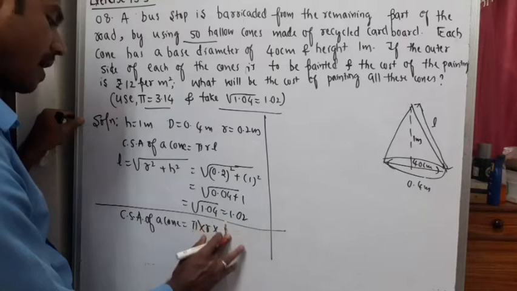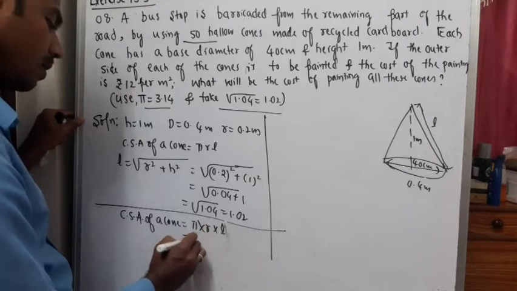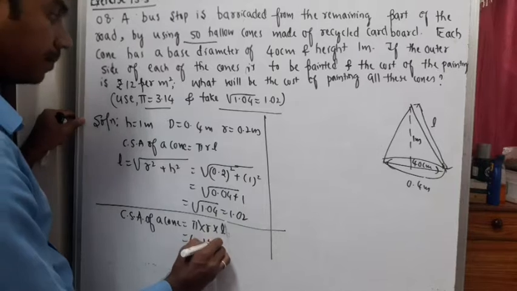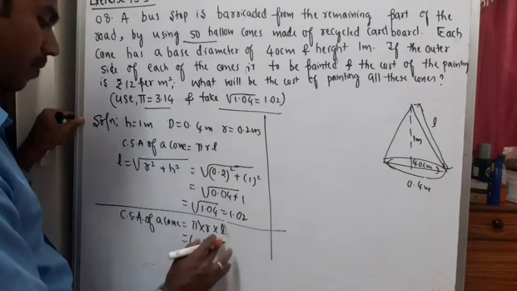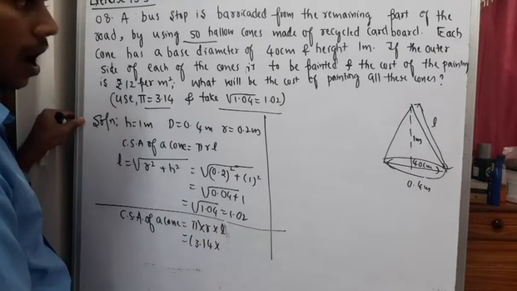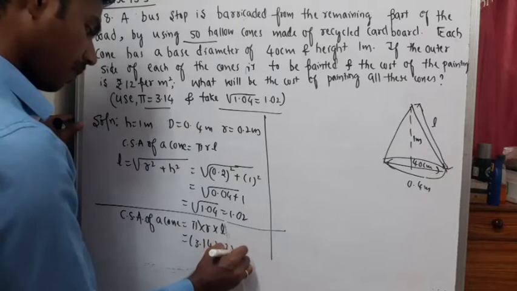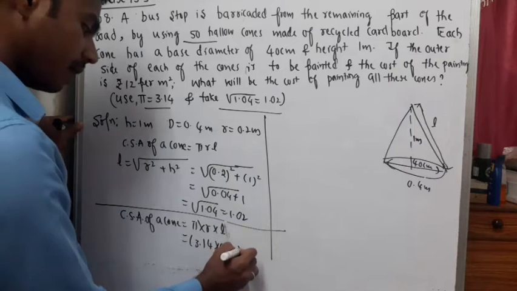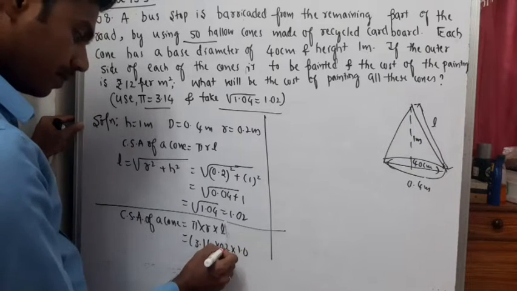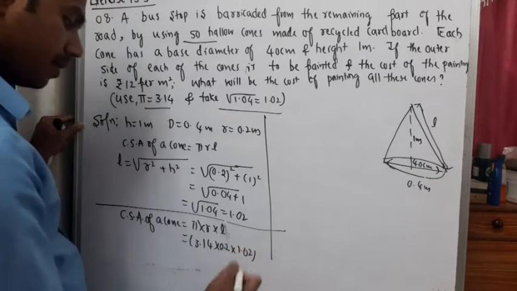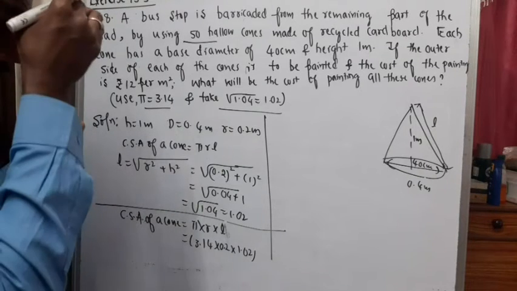We need to consider it as 3.14 into what is R? R is 0.2. What is L? Just now we calculated, that is 1.02.